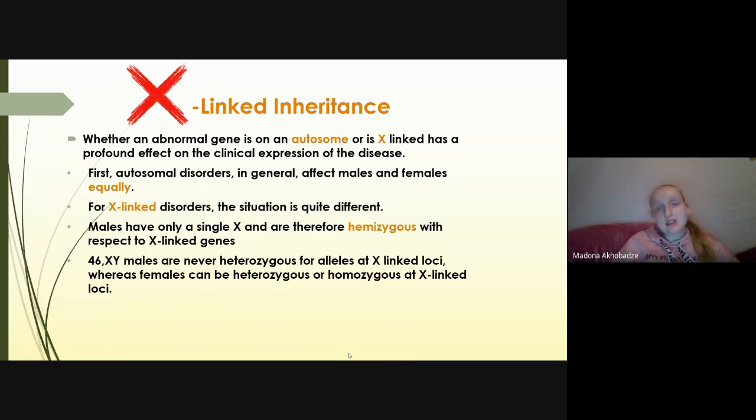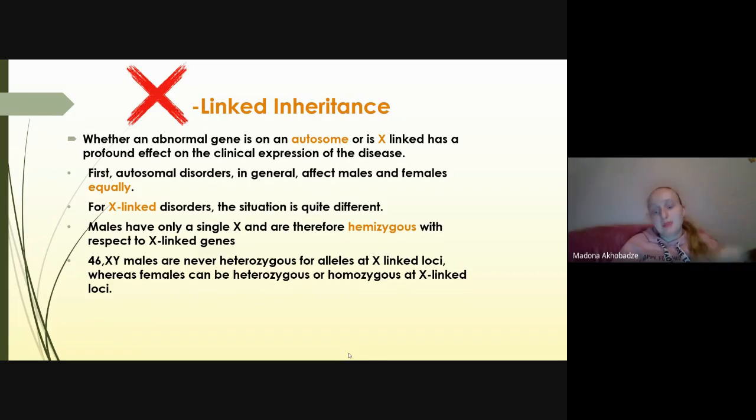Nature is wise, so nature thought of ways of how to equalize this inequality between the females and males, and thought of something wise, which is random X inactivation. One of the X chromosomes in the female body is randomly inactivated.